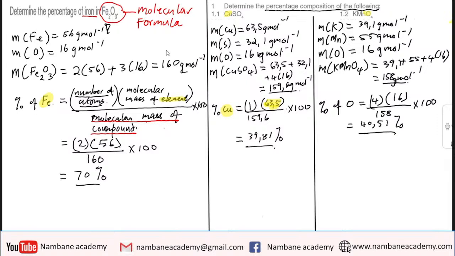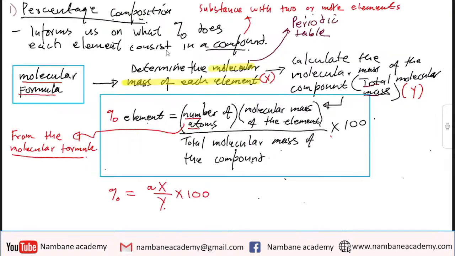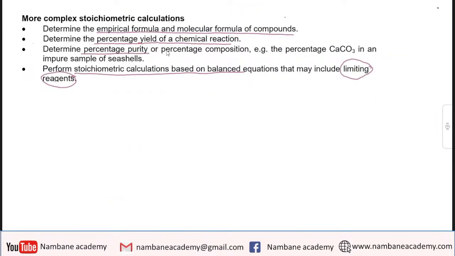Ladies and gentlemen, if there are no questions, we are basically done with this one. Then it basically says we can move now to the empirical formula. Because remember, we are now working with more complex stoichiometric calculation.